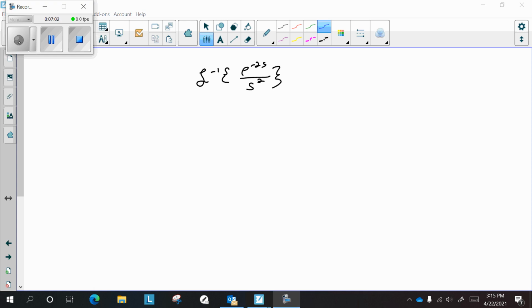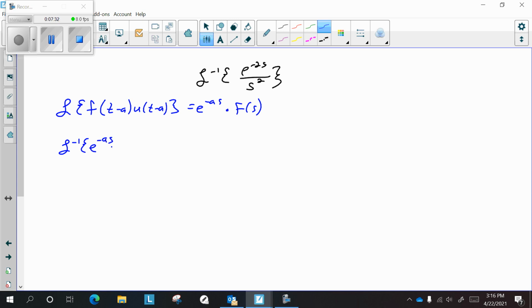All right, as we do an inverse Laplace, let's remind ourselves that the translation property said that if we do the Laplace transformation of f of t minus a u of t minus a, that translates into e to the negative as times the Laplace of that function. Conversely, the inverse Laplace of e to the negative as times F of s transforms back into f of t minus a times u of t minus a.